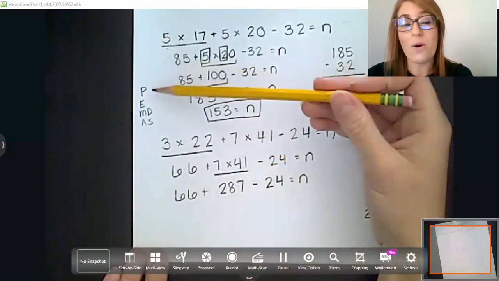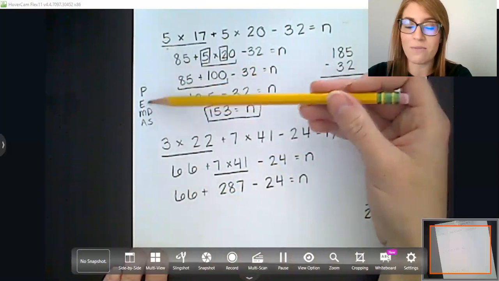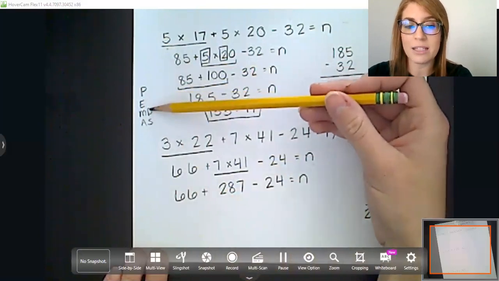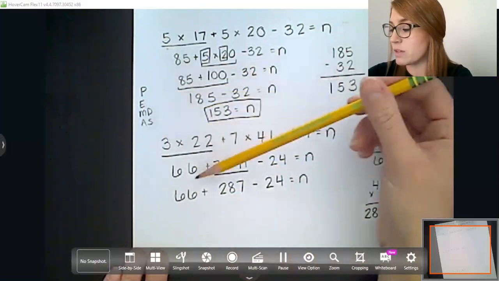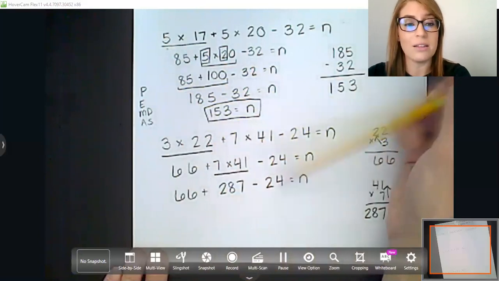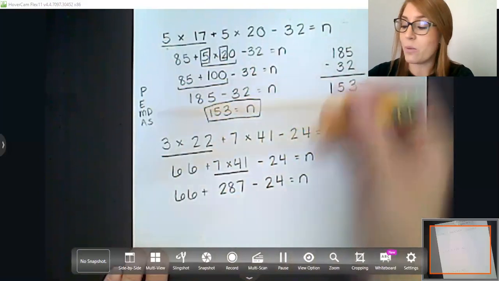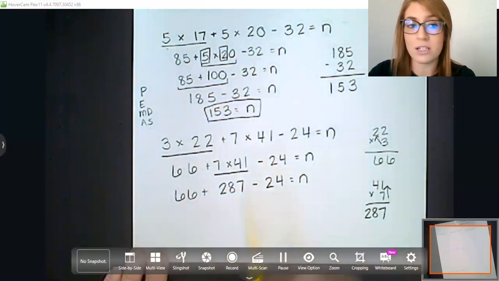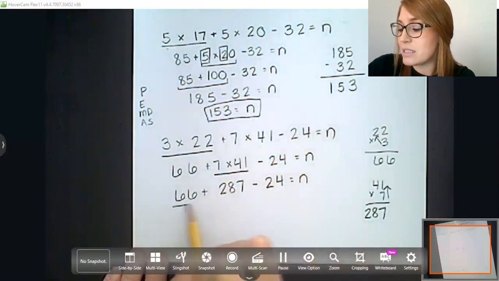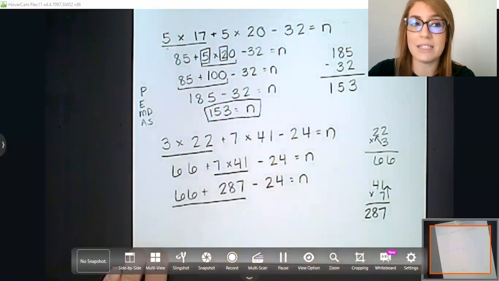Okay, I know I have no parentheses. I know I have no exponents. Let me double check and see if I have any more multiplication or division. And I do not. So now I am down to adding and subtracting. All right, when I go from left to right, the first thing I see is 66 plus 287.